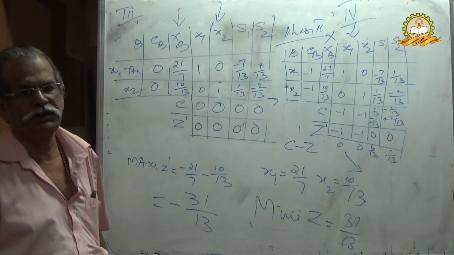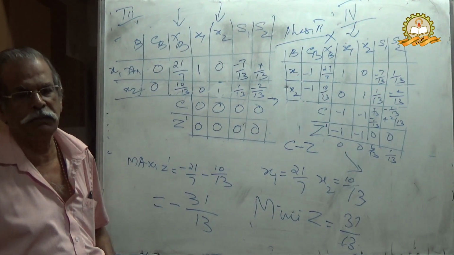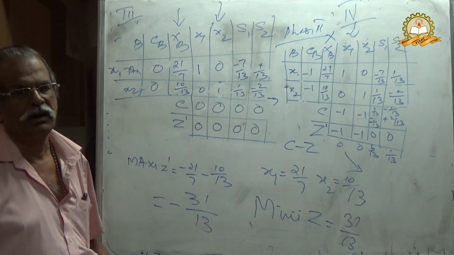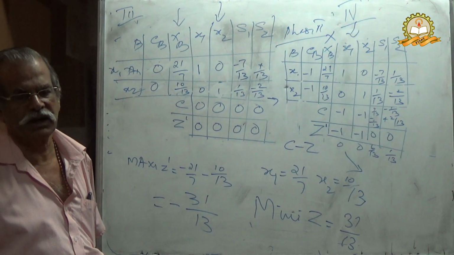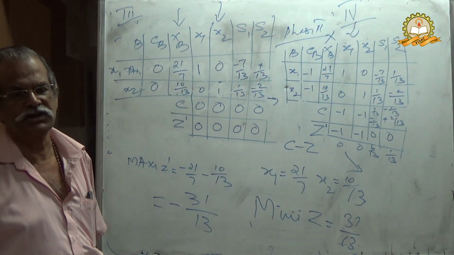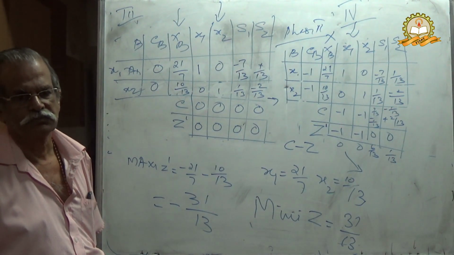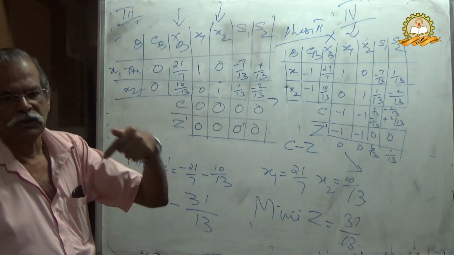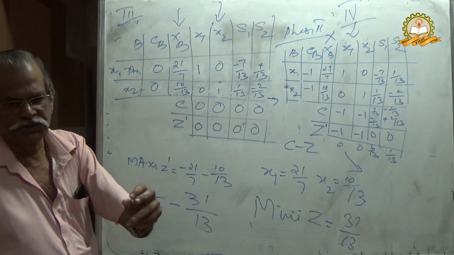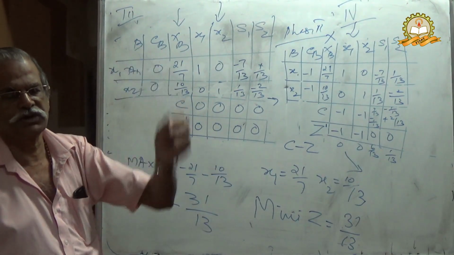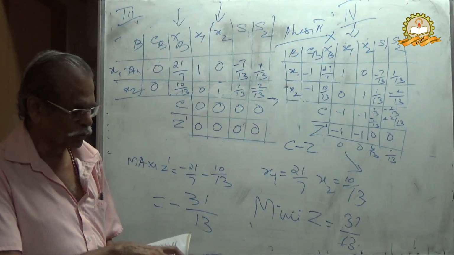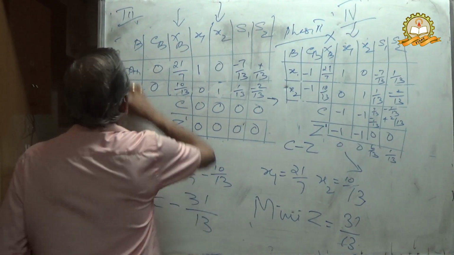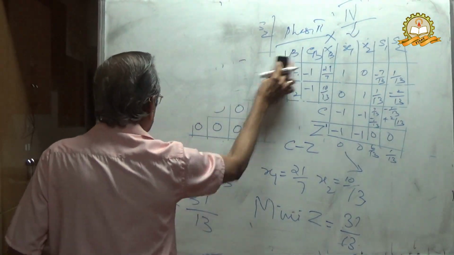If in the question they say to do it only by the big M method, you will have to add minus S1 plus A1, minus S2 plus A2, etc., and the Z function will be minus MA1 minus MA2. If they say by phase 2 method, you adopt phase 1, simplify, come to a conclusion, then in phase 2 substitute the original values given in the question. That is phase 2.